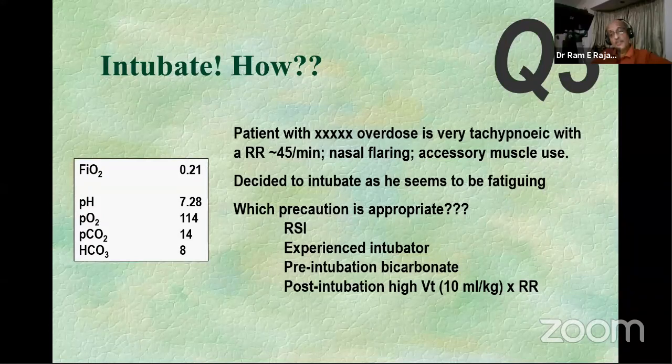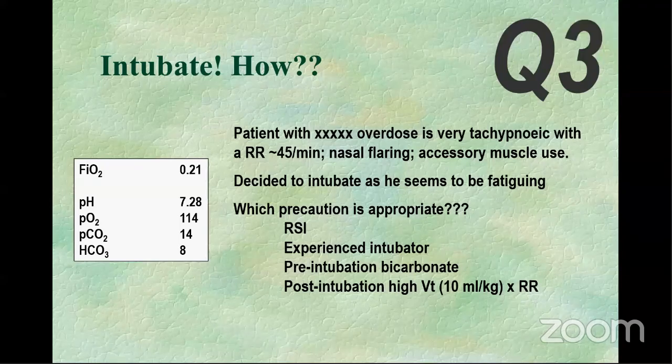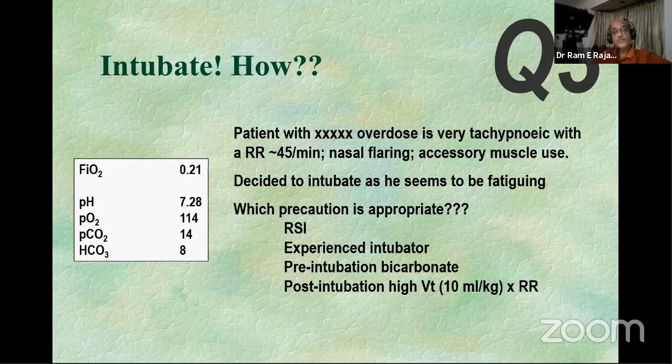In fact, the other way around, when you intubate and if you sedate or paralyze and hypoventilate this patient, it's very likely you will not achieve the same amount of ventilation that the patient is spontaneously doing. As a consequence, it is very likely that you will make the acidosis a lot worse. This is not what we do under routine circumstances.